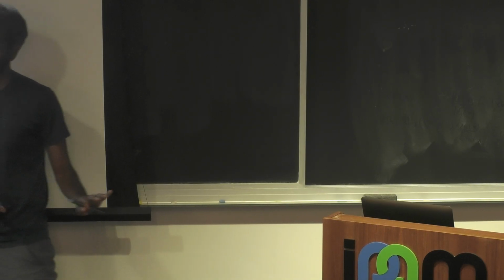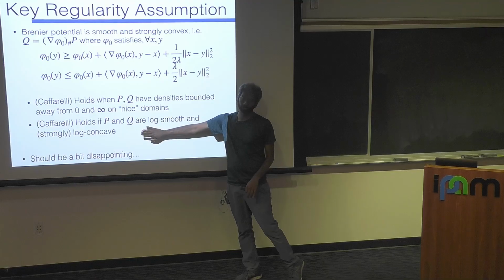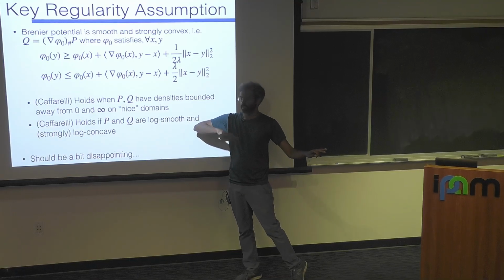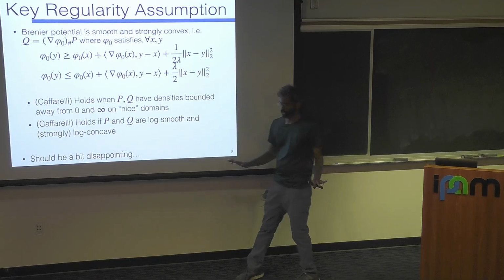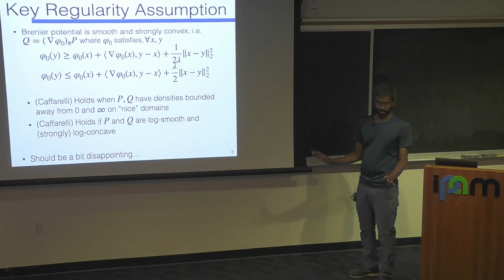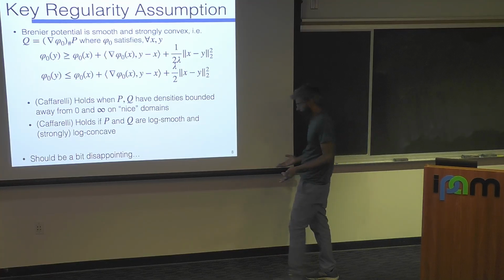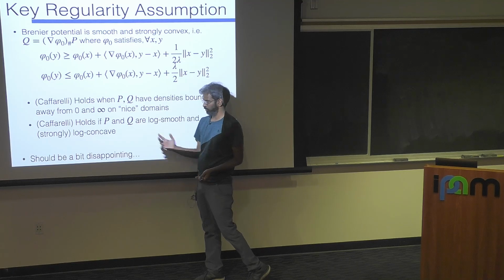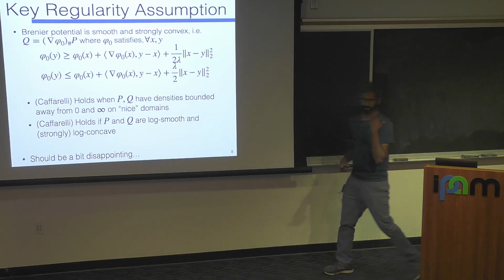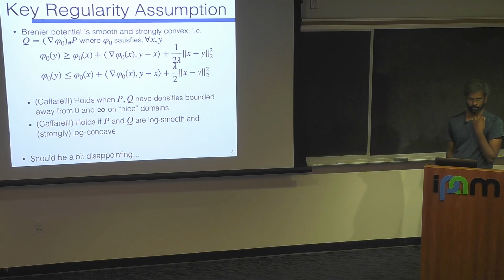These are not assumptions that are going to be made on p hat and q hat. These are not assumptions made on the estimate. They are made on the ground truth in order to say that the estimate will approximate the ground truth well. You don't have access to the ground truth distributions, all you have access to are samples, and you may not be able to test things like this. Yeah. Good. Thank you. Other questions?